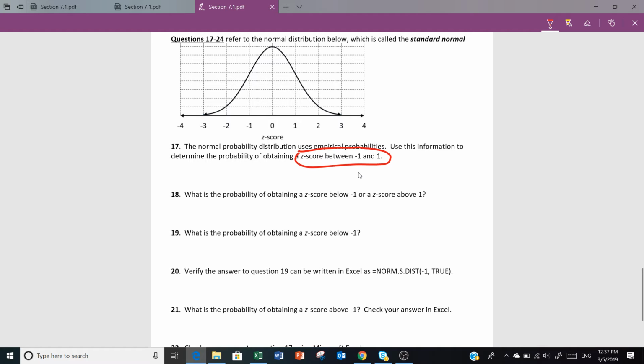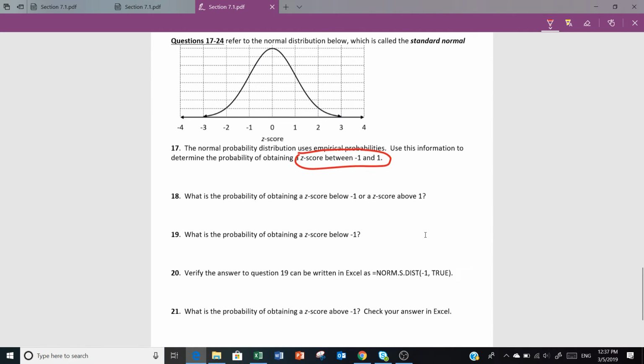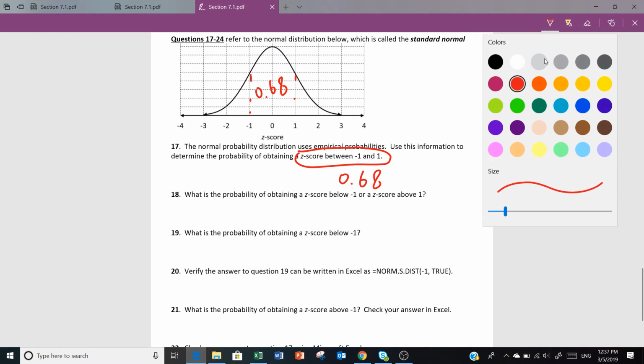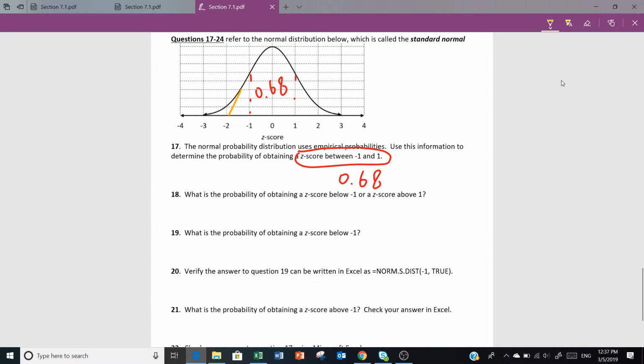Okay, so most of us got these first questions correct. This one was 0.68 by the empirical rule. So the part on the sides, since the whole thing is 100%, if we have 0.68 in the middle, on the sides we have to have 0.32.